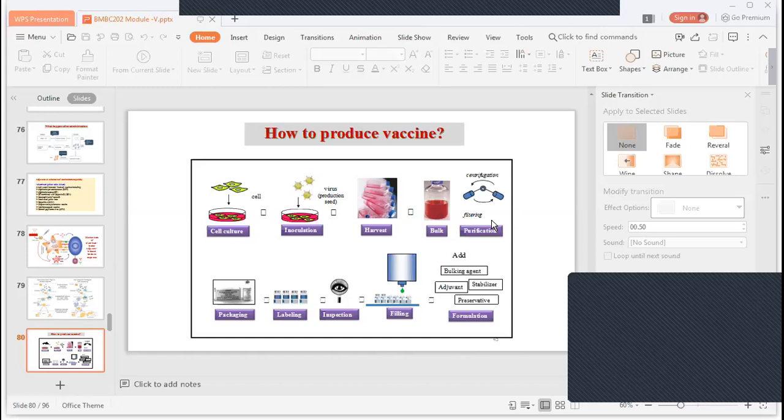So whether any dust particle or any microorganisms or anything is present there, we have to check it very carefully. After checking, we have to go for labeling and then packaging to reach the market. So this is the whole procedure.